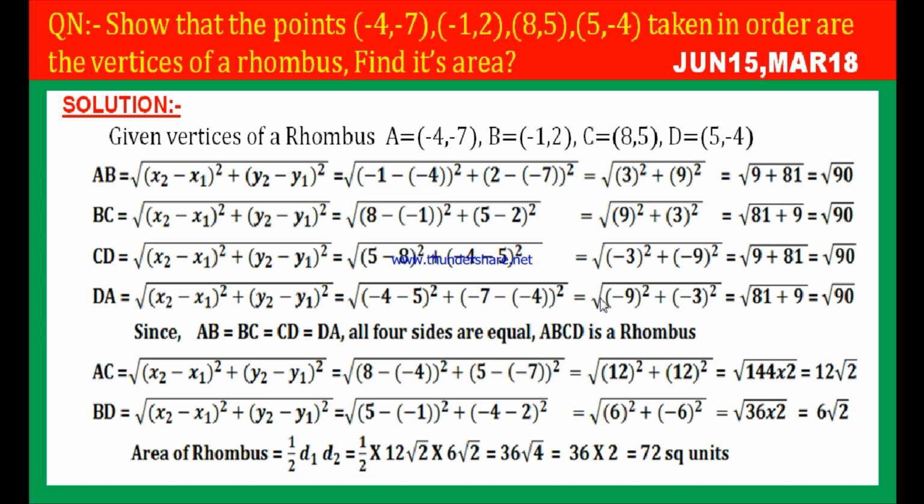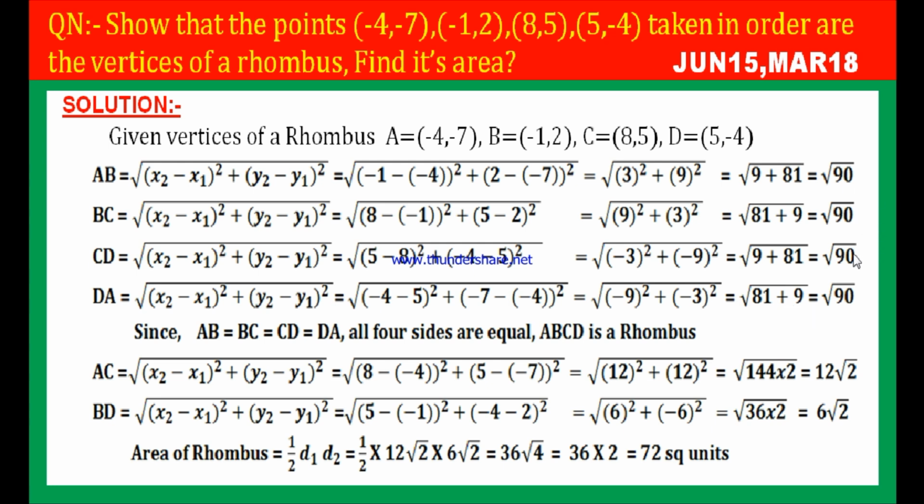Minus 4 minus 5 is minus 9 whole square, minus 7 minus of minus 4 is plus 4, minus 7 plus 4 is minus 3 whole square. Minus 9 whole square is plus 81, minus 3 whole square is plus 9, root over 81 plus 9 is root over 90.